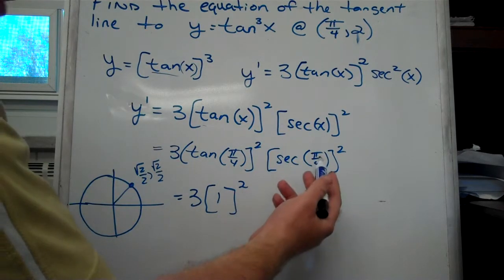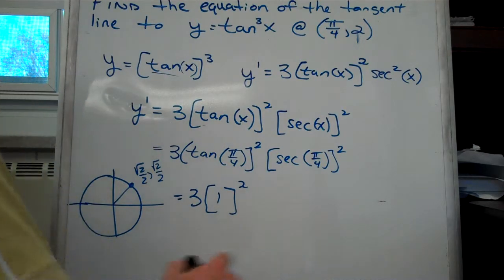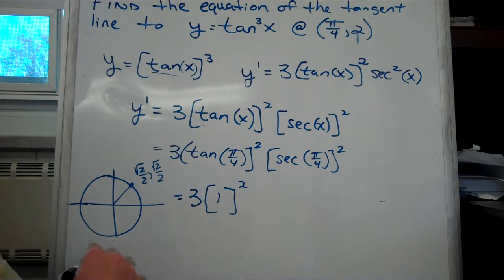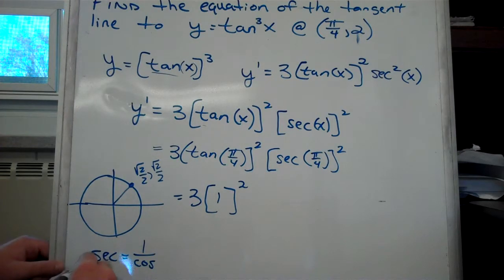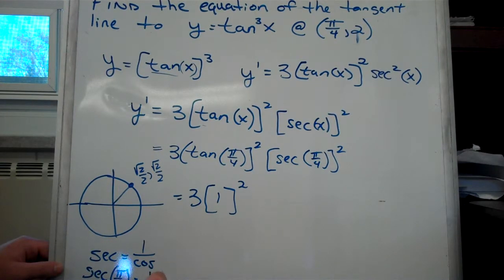Now the secant of pi over 4. Some scratch work down here: secant is the reciprocal of cosine, so 1 over cosine. If I wanted the secant of pi over 4, I would write that as 1 over cosine of pi over 4.